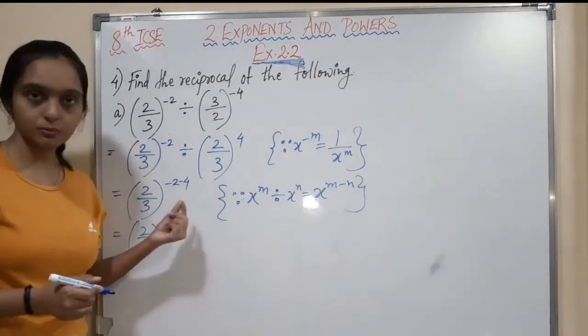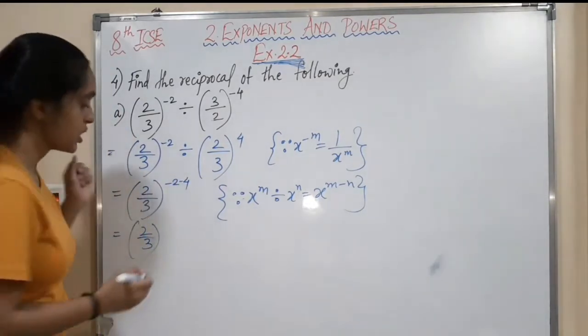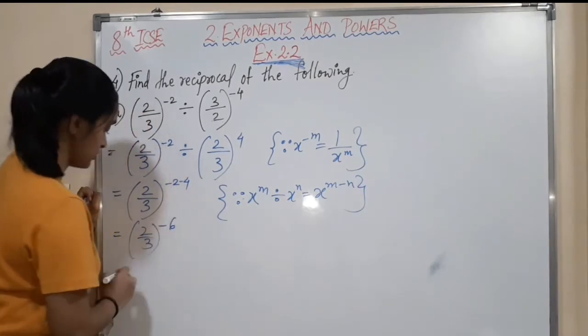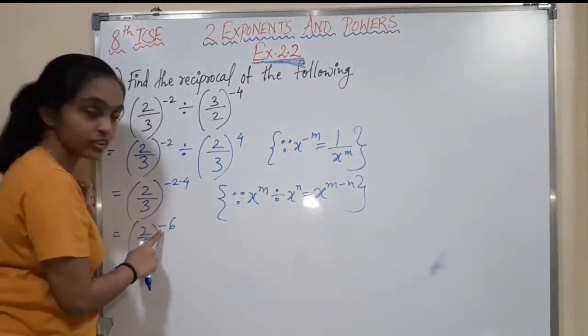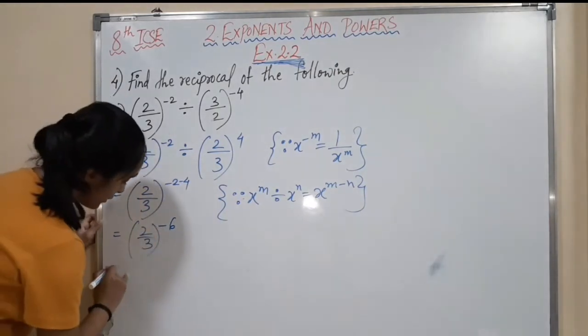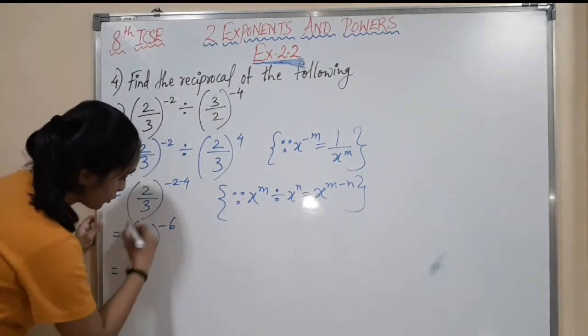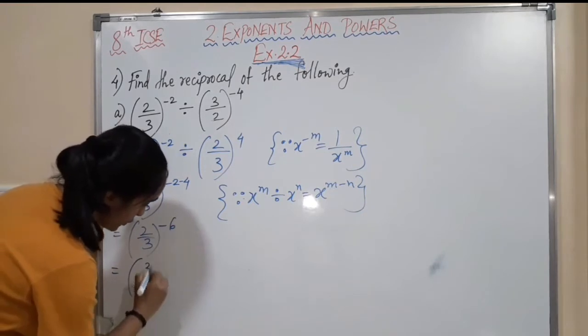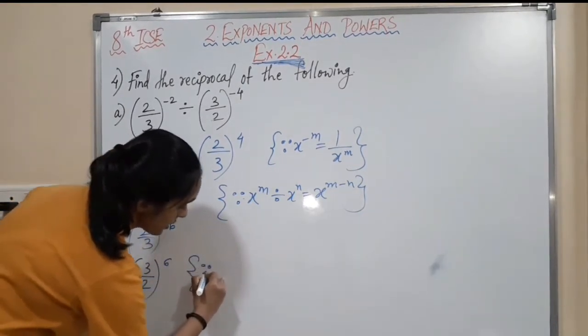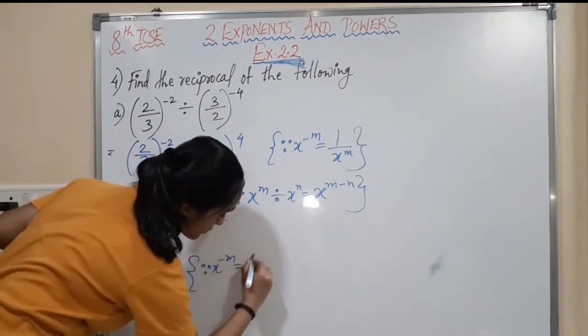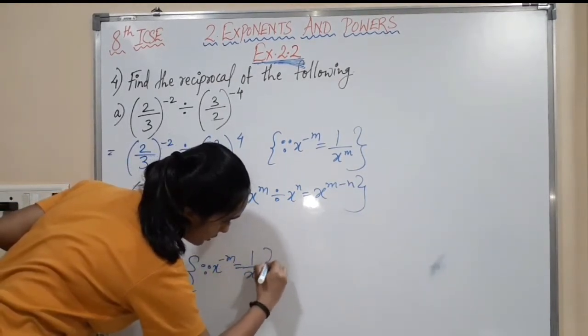So minus minus is plus and 4 plus 2 is 6. So it will be minus 6. So using this law we can eliminate this negative exponent. So you will get, reciprocal of this will give you 3 upon 2 raised to 6, since x raised to minus m equals 1 upon x raised to m.